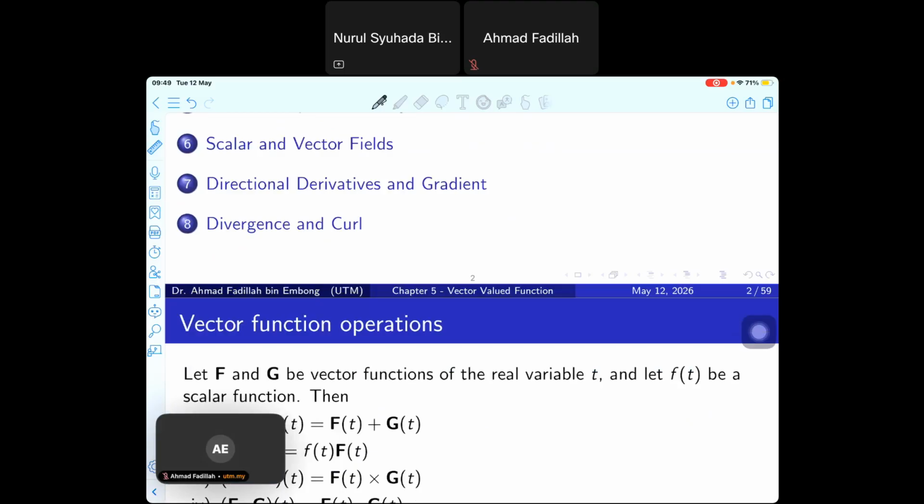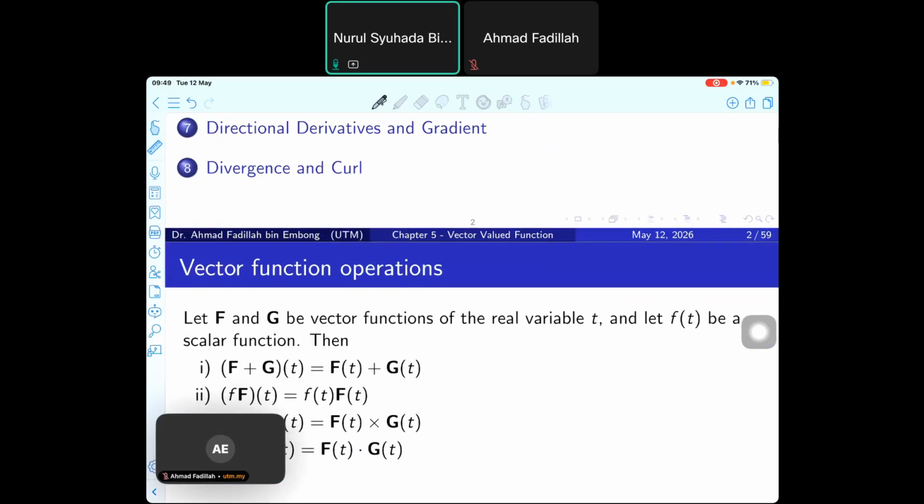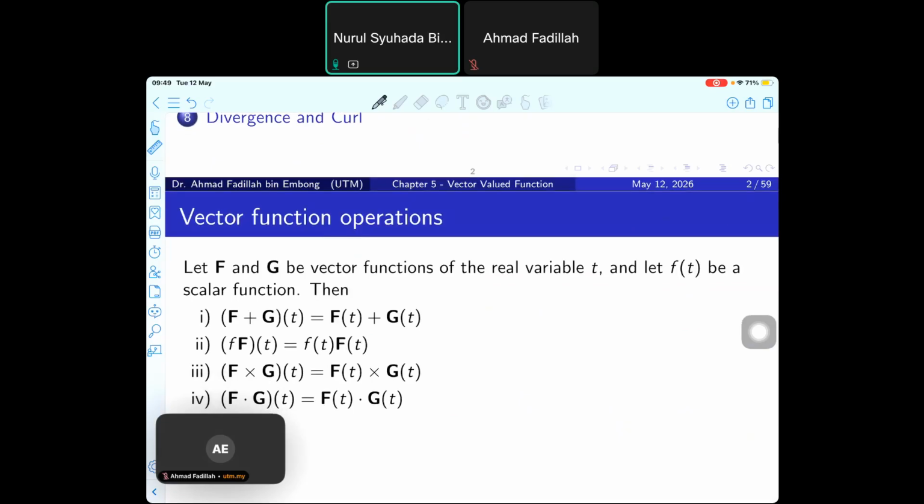Basically, these are things you already learned during Engineering Mathematics 1. For example, here you have addition of two vectors. Given two vectors, you can add them according to the coordinates i, j, k. In this class, we are going to cover up to a 3-dimensional setting.